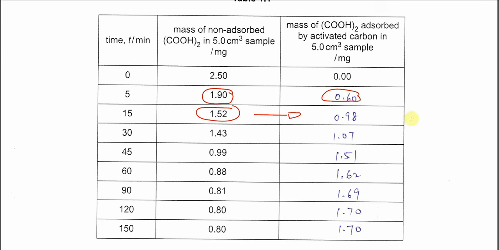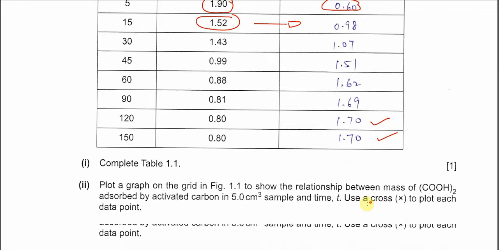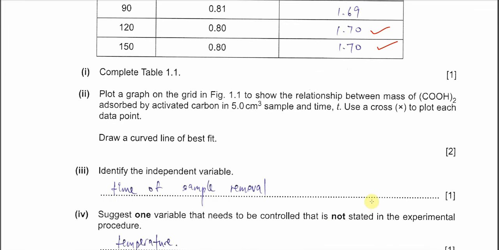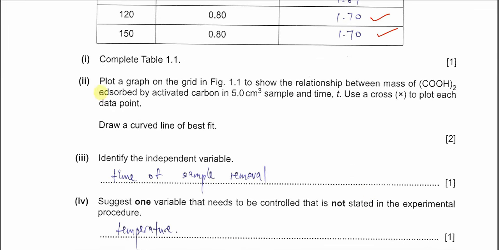When the time is getting longer, the solute, the acid adsorbed by the carbon, is of course getting more until it gets saturated, which means from time 120 minutes it is already saturated, because it's the same value here. Okay, so now done already. Table 1.1, complete that.